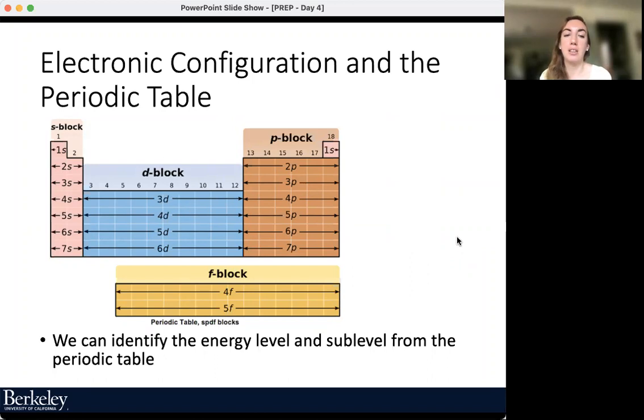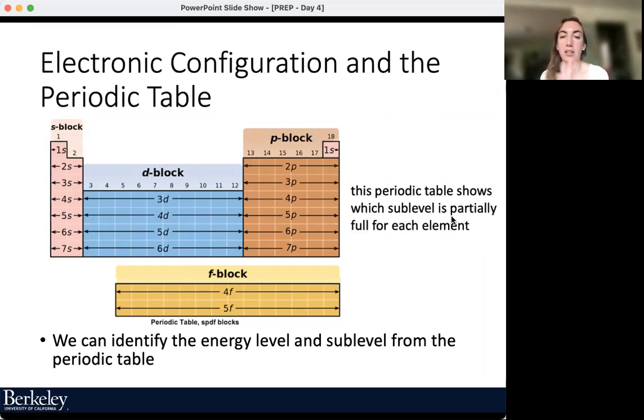The different regions on the periodic table tell us which sublevel is partly full. So this is hydrogen, its 1s orbital is partly full. This is helium, its 1s orbital is now full. These two are working on the 2s orbital. These guys are working on the 2p sublevel, 3s, 3p.